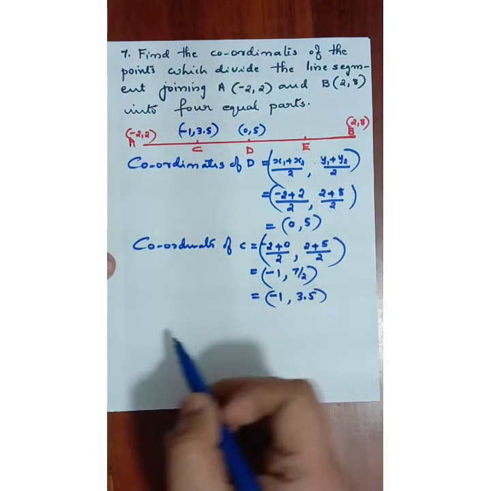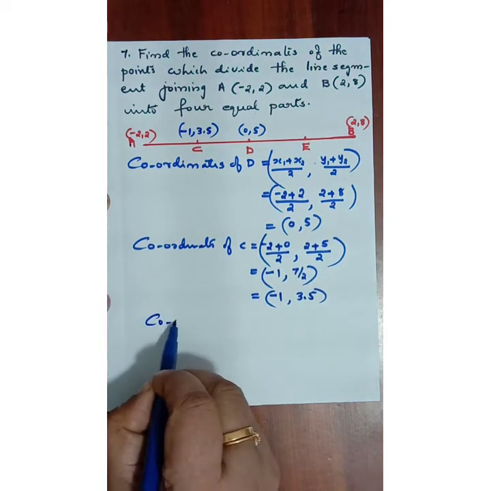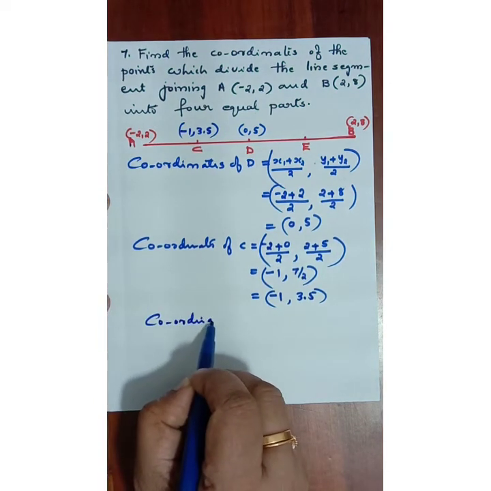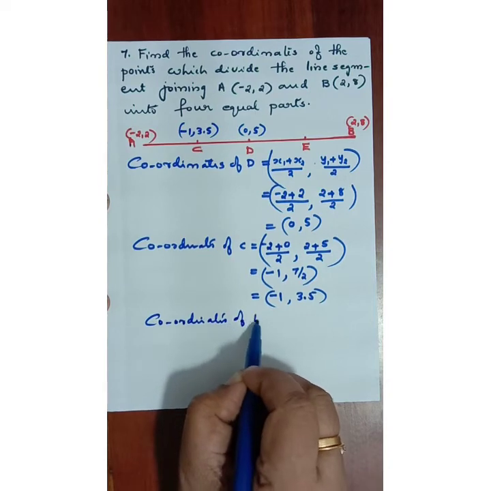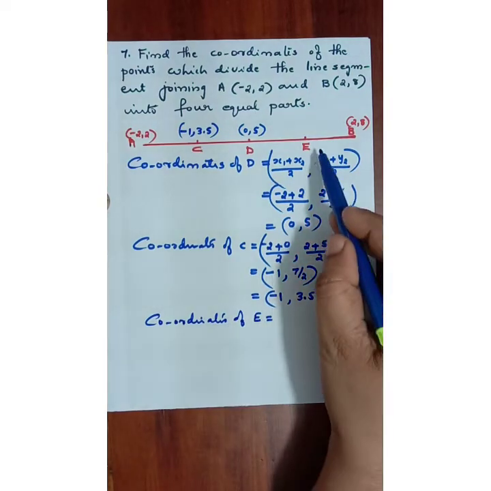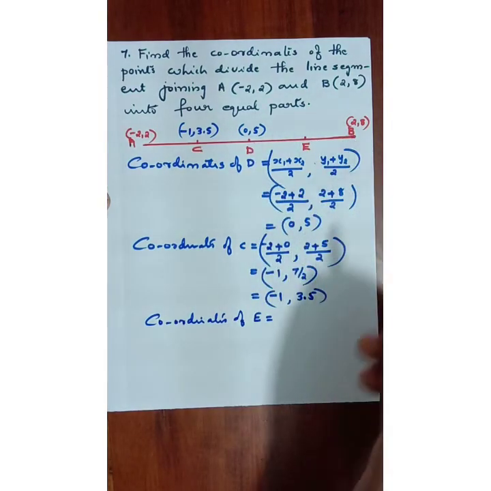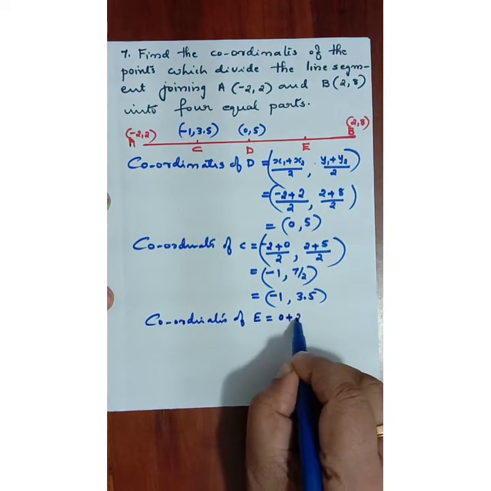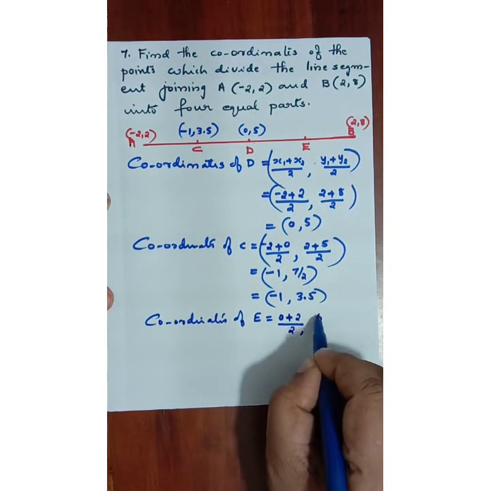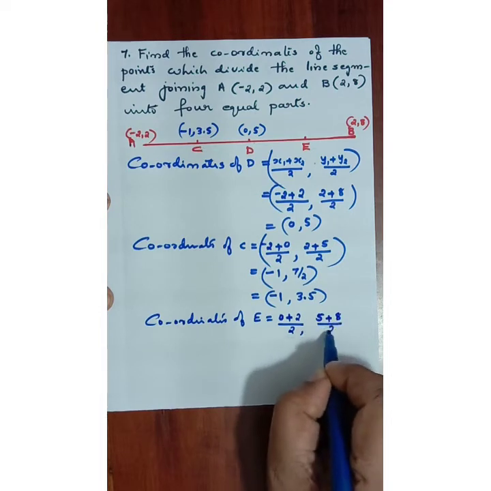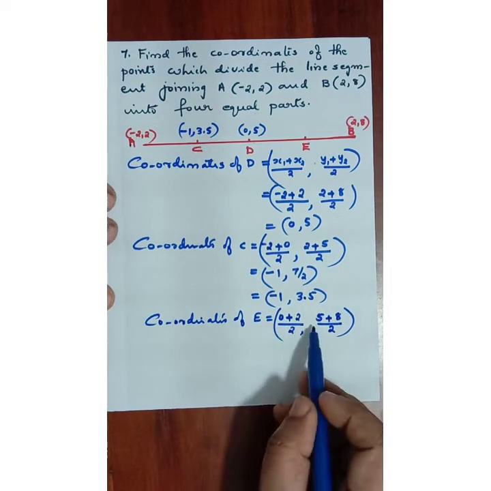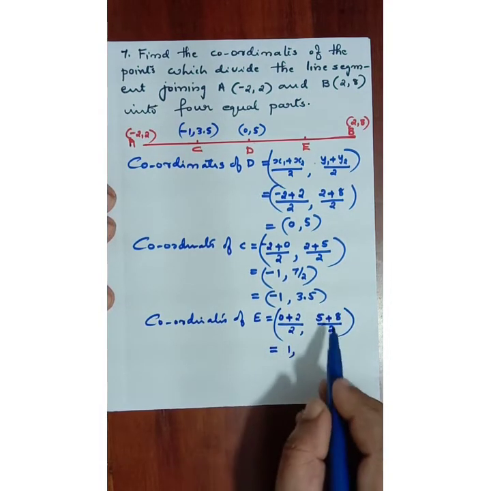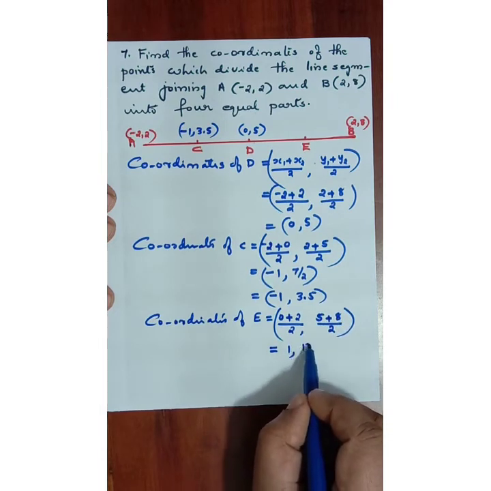Now we have to find out the coordinates of E. How do we get that? Coordinates of E is the midpoint of DB. Therefore again x1 plus x2 by 2, y1 plus y2 by 2. Substituted: 0 plus 2, 2 by 2 is 1, 5 plus 8, 13 by 2.